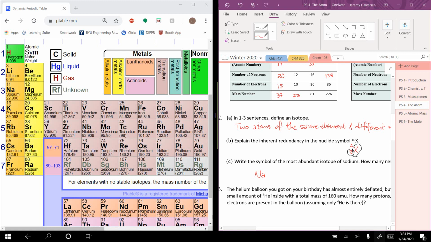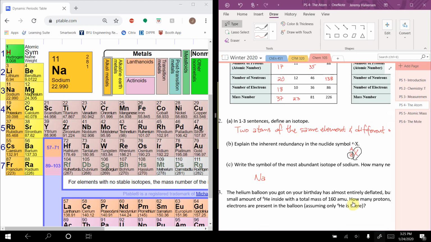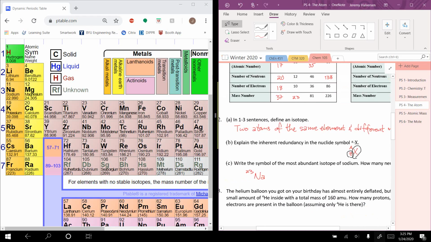Because it's a weighted average, those isotope masses that are most common will pull the average closer to them. So if you're ever asked a question like this, the best way to answer it is just look at the periodic table. 22.99 is very, very close to 23. So sodium 23 is likely the most abundant isotope. How many neutrons does it contain?